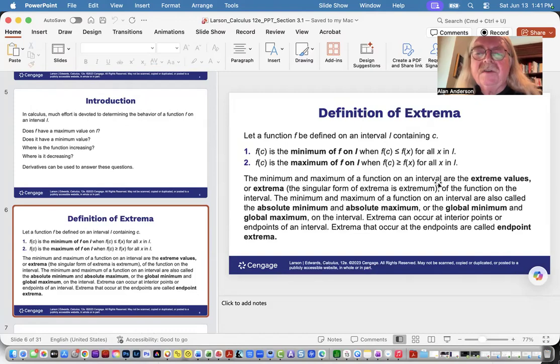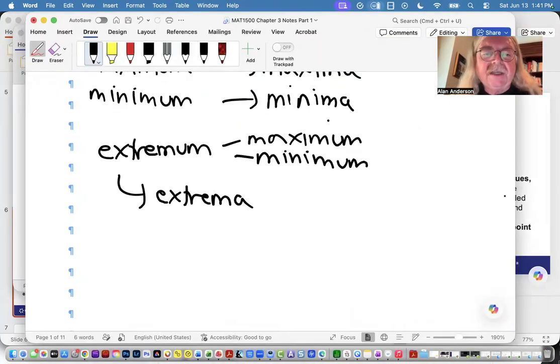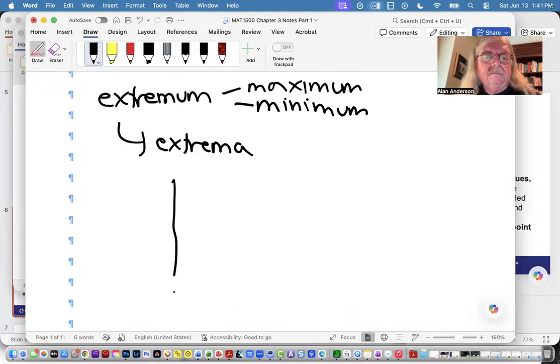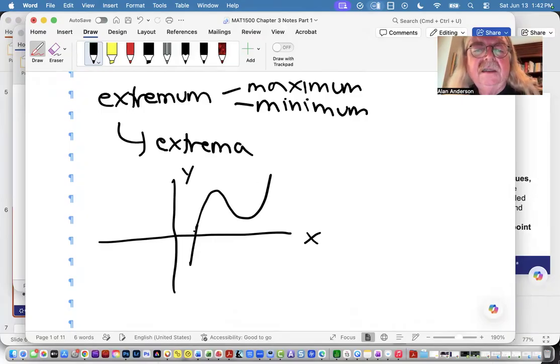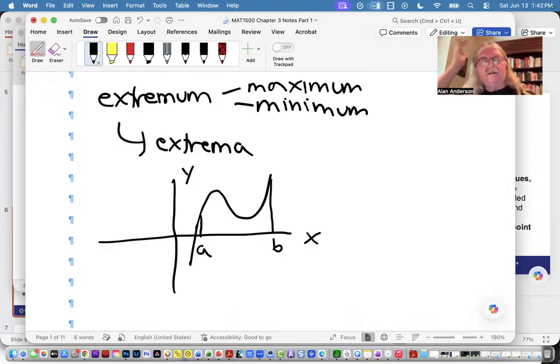So now, of course, you have to visualize there's some function here. Let's say it looks something like this. And the interval of interest, let's say, is from here to here. So you can see it's a very complicated looking function, and there are regions within which it does appear to be increasing, and other regions where it appears to be decreasing.